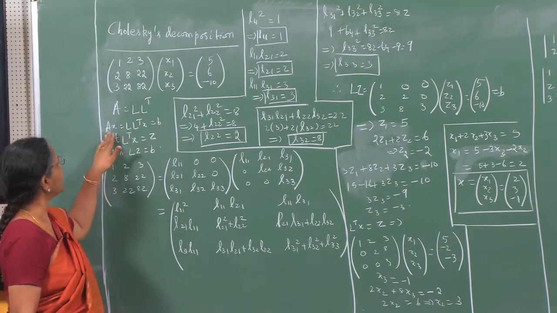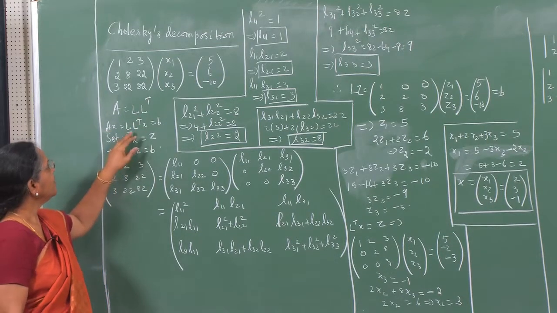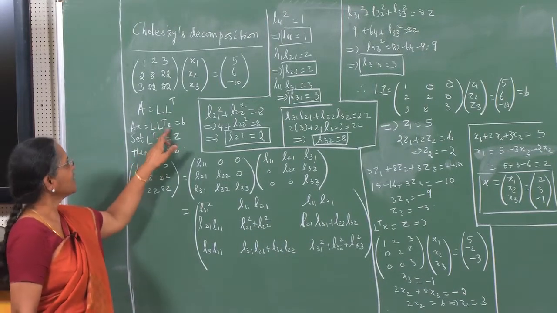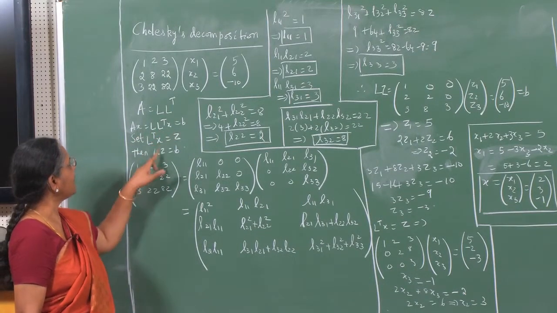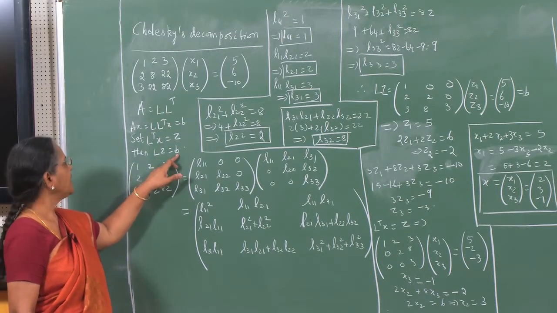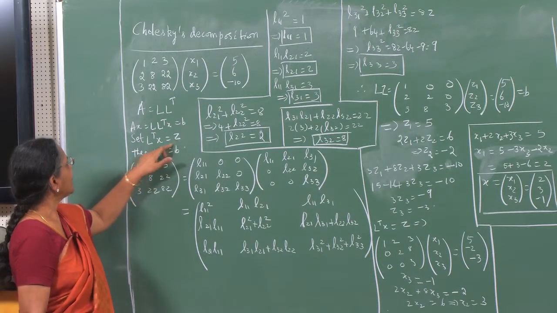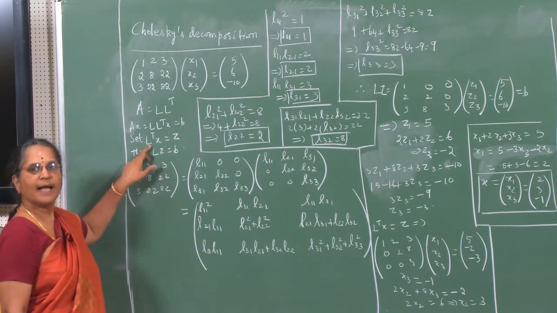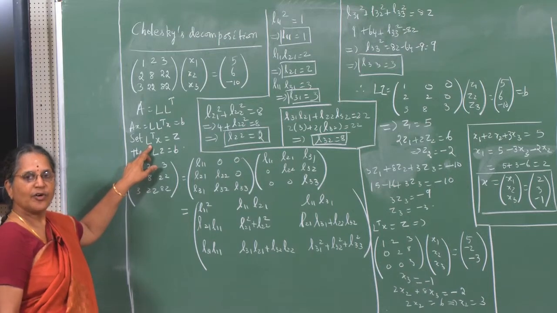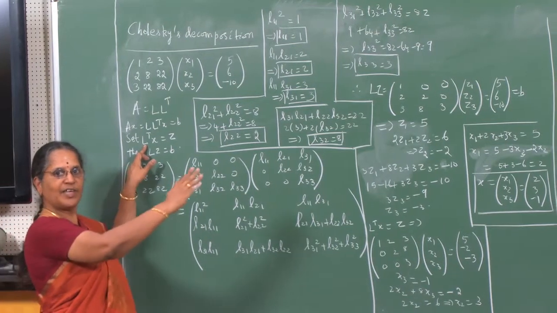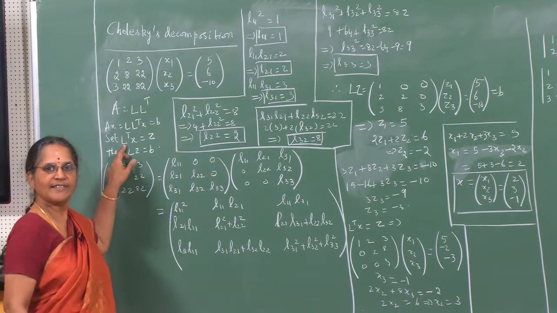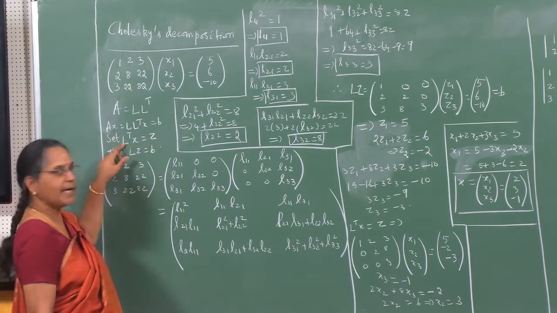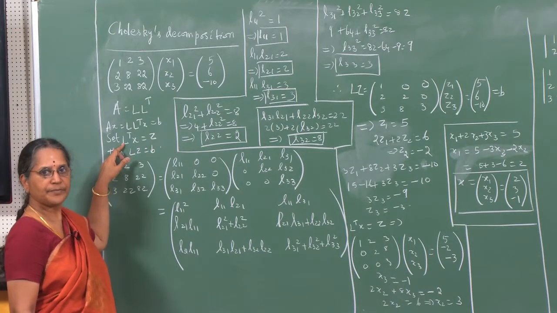We have to solve the system Ax = b. So, L L transpose x = b. If we set L transpose x as z, then the system becomes Lz = b. We observe that L transpose is an upper triangular matrix, so the system in x, where the coefficient matrix is upper triangular, we solve by backward substitution.